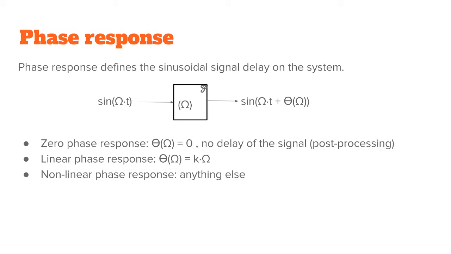Zero phase response is quite interesting, since if you do post-processing, you can filter the data one way, then reverse the time. On post-processing, you can do it. Just reverse the time. So the last data point actually comes first into the filter, and do it both ways through the filter, and it removes the phase shift.